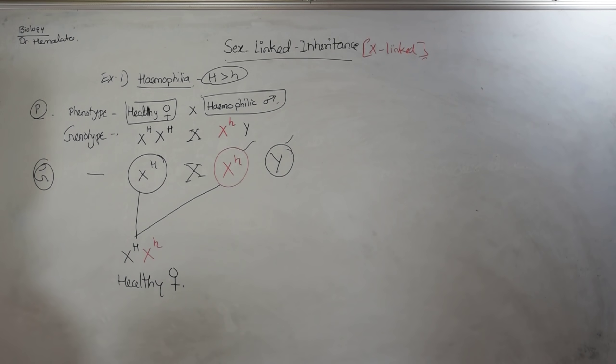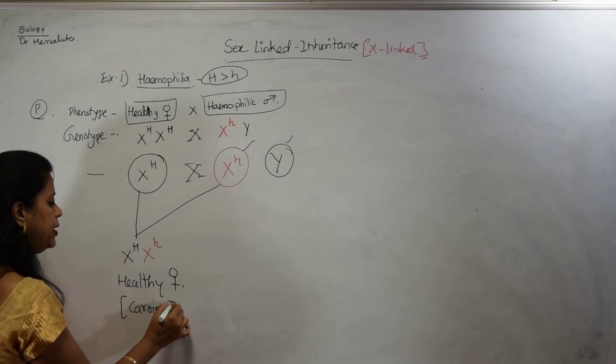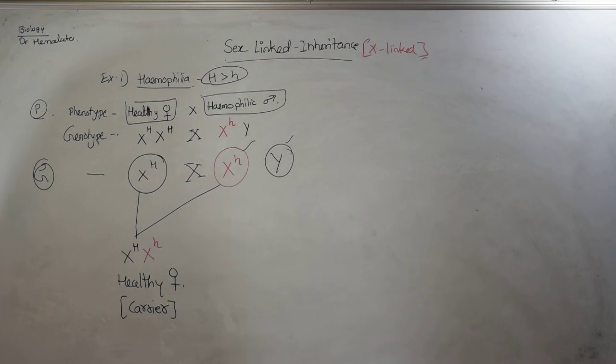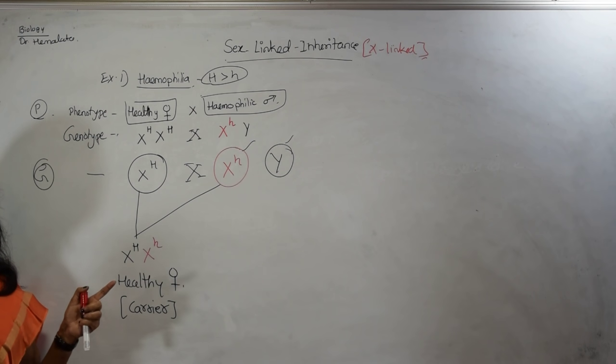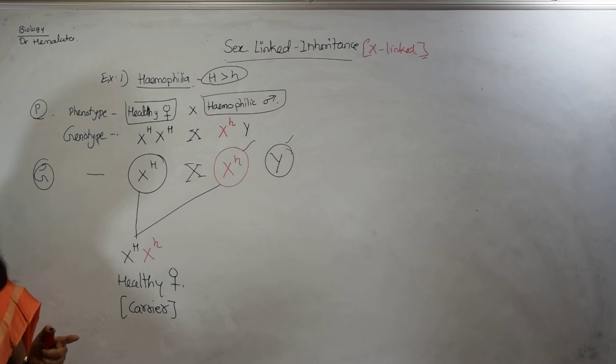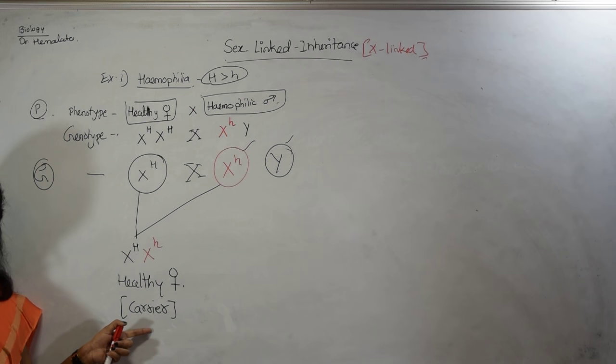She has the allele for hemophilia. Therefore, such females are called carrier females. You write this in brackets, because carrier females don't appear to have hemophilia. They don't have the blood clotting problem. They are normal and look healthy, but they are carriers for the diseased gene.